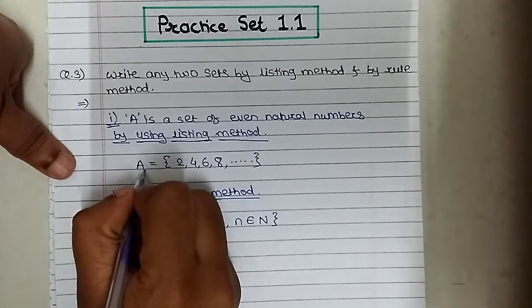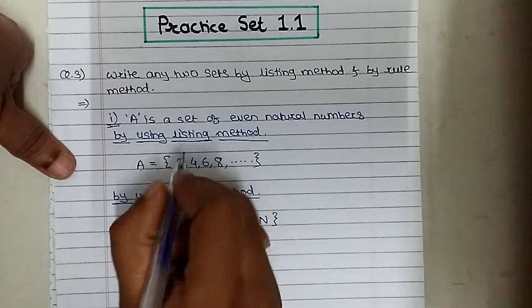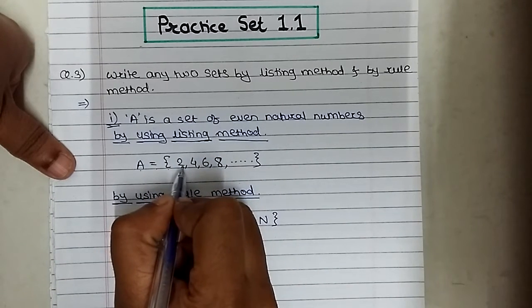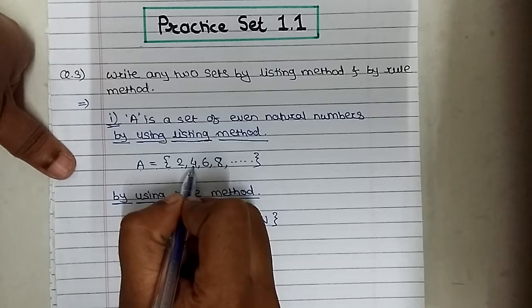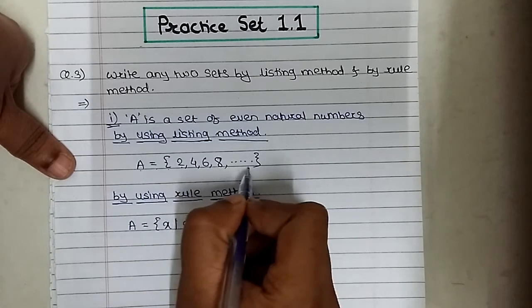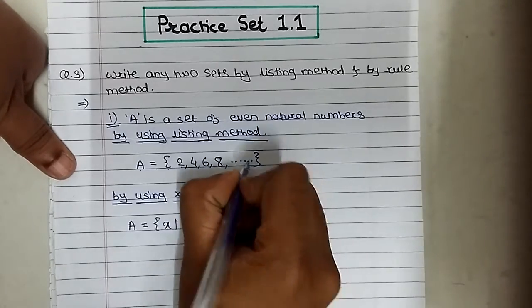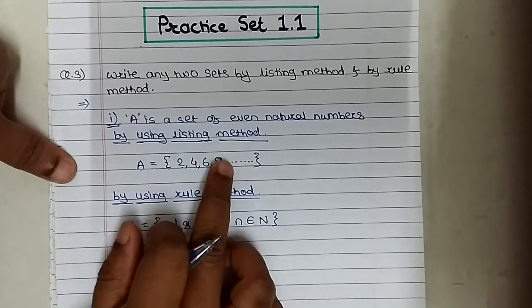So A is equal to curly bracket open, the first even natural number 2, after that 4, then 6, then 8 and so on. This is by using the listing method.